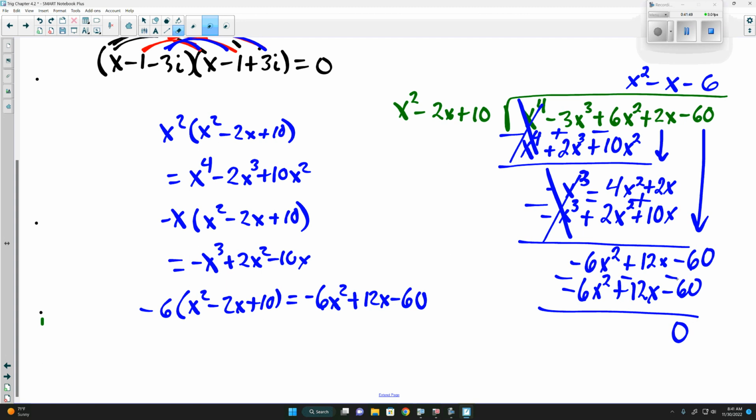And when we subtract these here, the first terms do cancel. It actually works out that everything cancels, giving us 0. And we should expect that, because if it's a solution, it should have a remainder of 0.